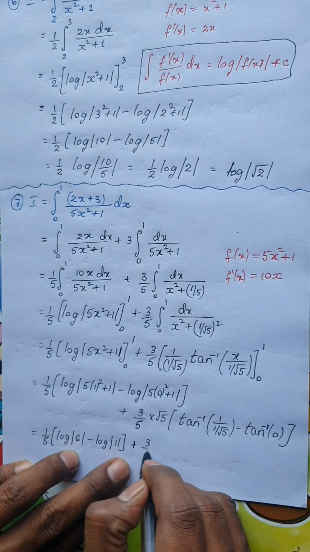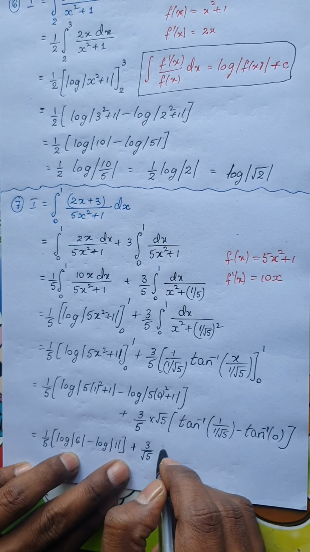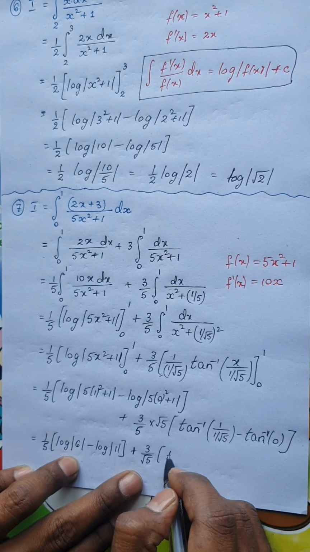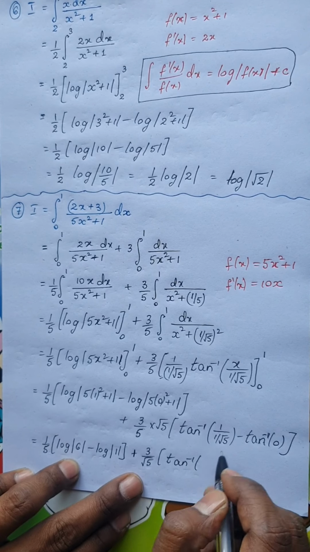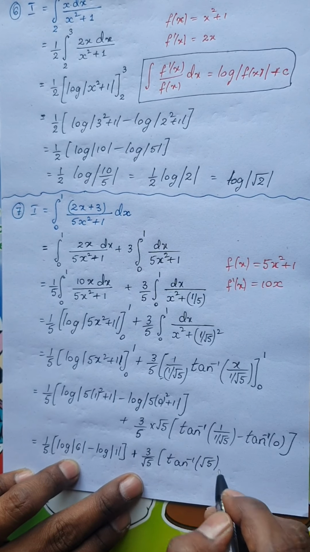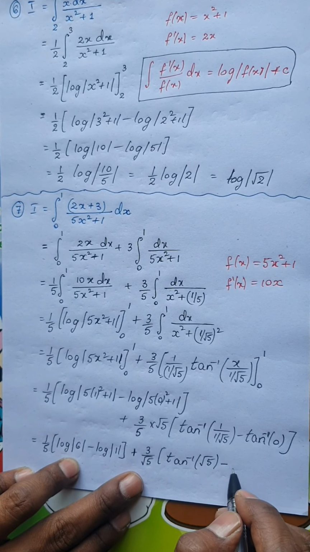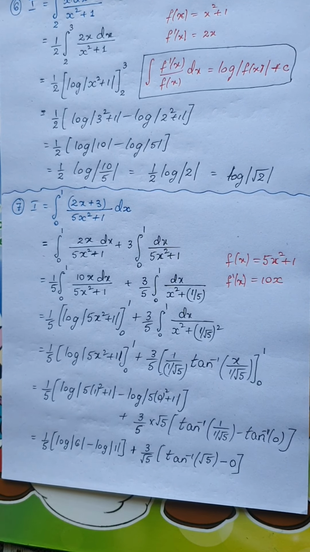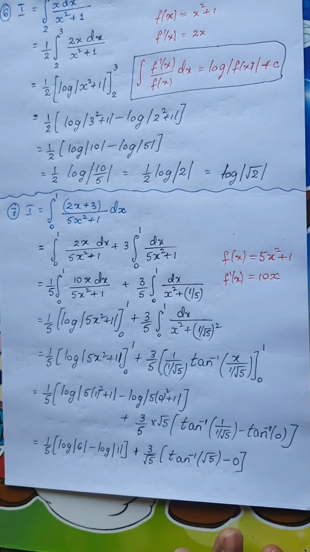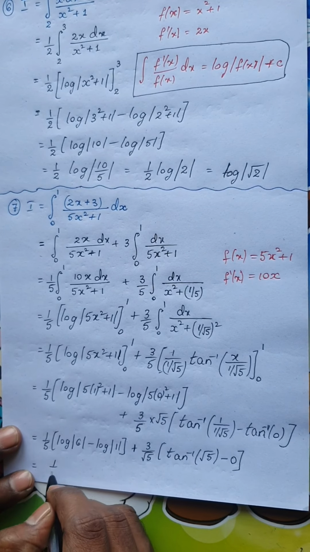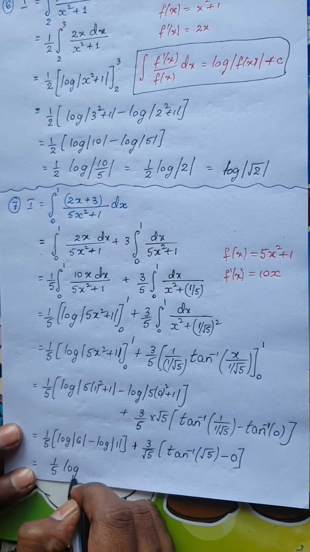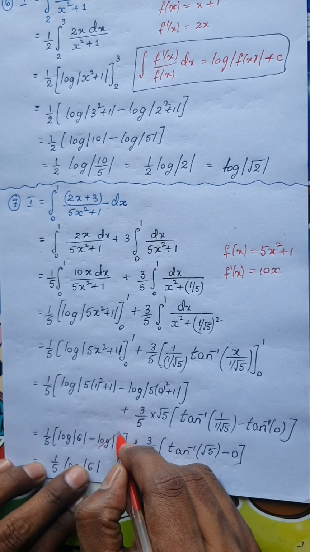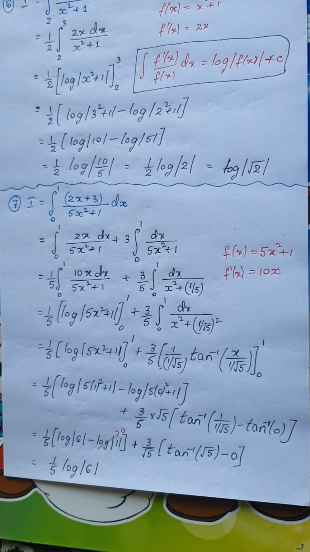So if you divide, you will get 3 divided by root 5 into tan inverse of 5 minus tan inverse of 0, which would be 0. So the final answer would be written in the next step: 1 by 5 into log of mod 6. You might be wondering why, because we know log 1 is nothing but 0.